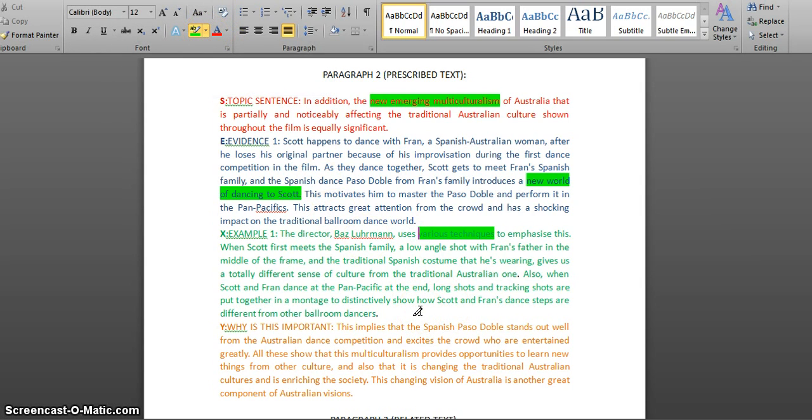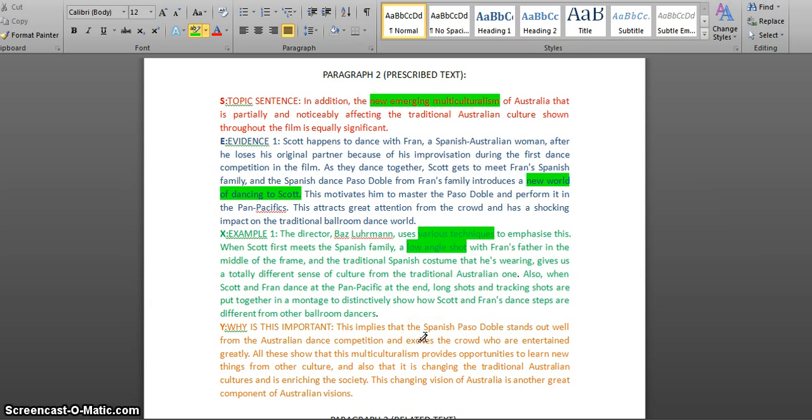When Scott first meets the Spanish family, a low-angle shot with Fran's father in the middle of the frame and the traditional Spanish costume that he's wearing gives us a totally different sense of culture from the traditional Australian one. So he's talking about low-angle shot, camera shots.